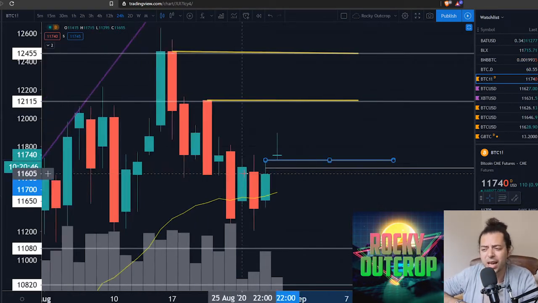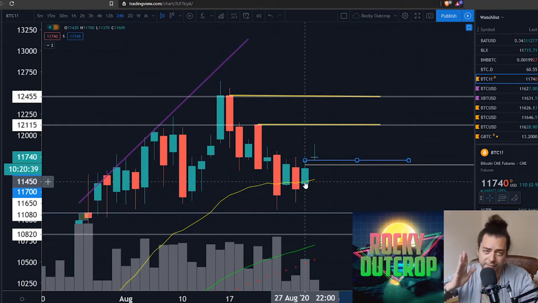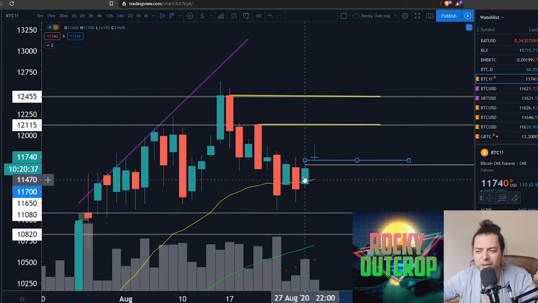Other things we can look at in terms of interestingness about the prices are that we are above the 21 EMA here, on the daily time frame, and that is of course a positive indicator of the trend.